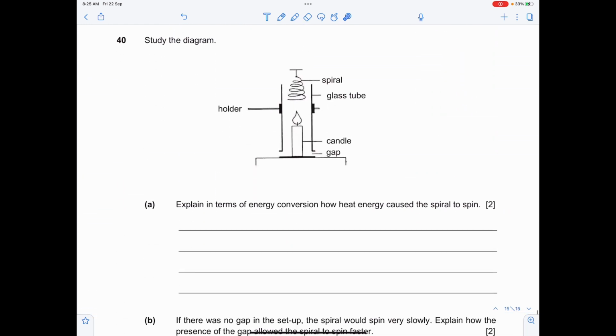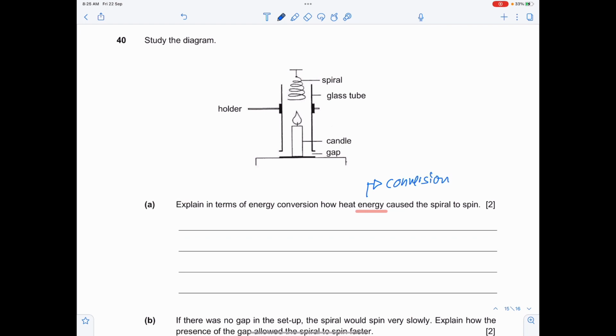Next, study the diagram. Explain in terms of energy conversion how heat energy causes the spiral to spin. Okay? Now, in this case, we're talking about energy. So energy here, you need to actually have some form of conversion. So once you see energy, and they ask you to explain, you definitely need to tell me about conversion.